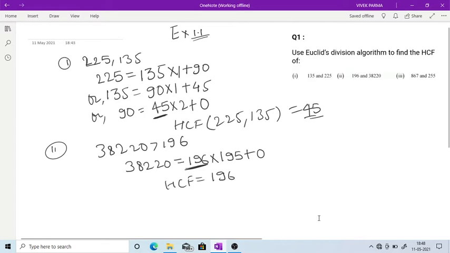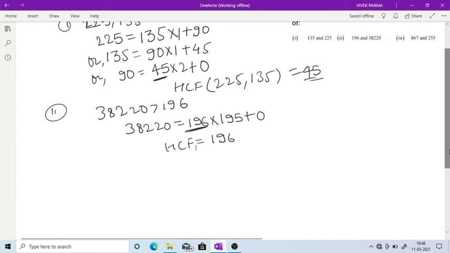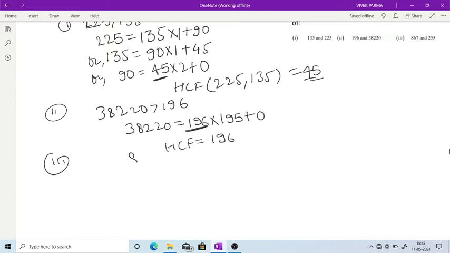Moving to the next, we have here 867, which is greater than 255, right? So here 867 equals 255, right? And this will divide 867 by 3 times, leaving 102 as remainder, right?